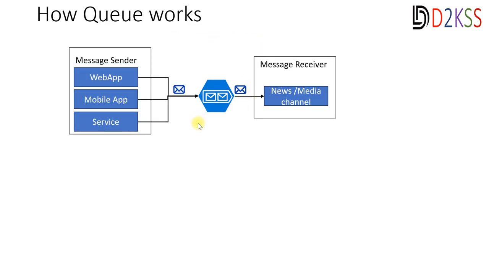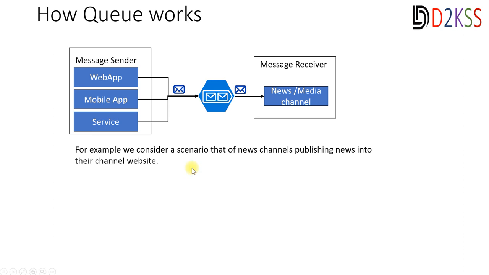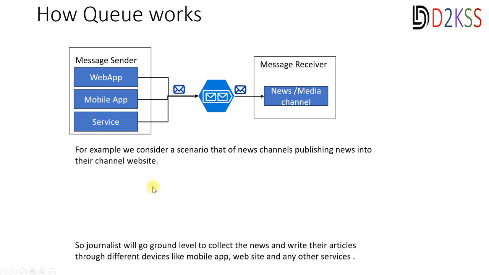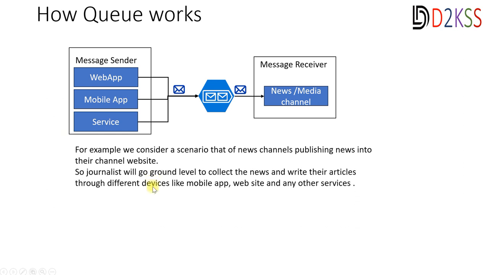For example, consider a scenario where a news channel is publishing news on its channel website. In general, journalists go to ground level to collect the news and write their articles through different devices like a mobile app, website, or any other devices.